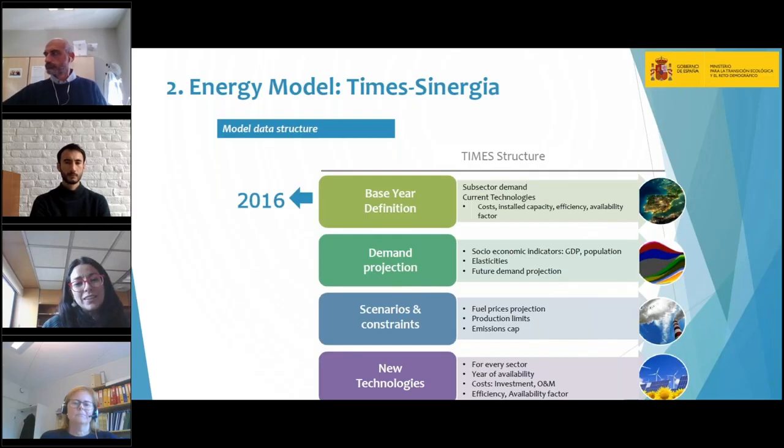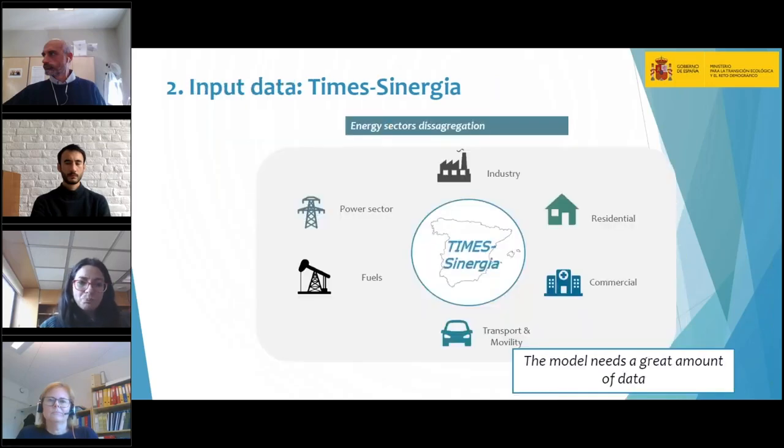Coming from that, we did all the demand projections with both the economic assumptions provided by the European Commission and also internal data that we have. And we applied several scenarios and constraints and the evolution of the technologies for the future.